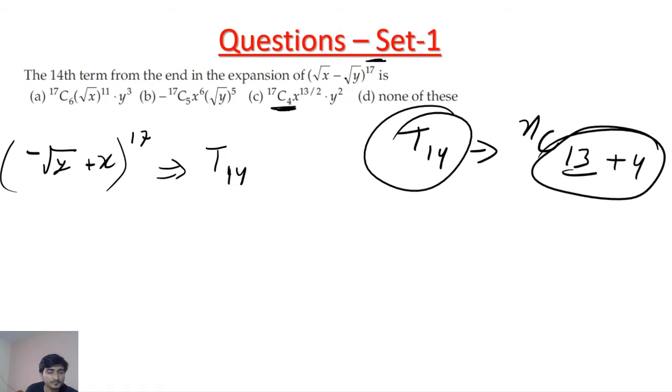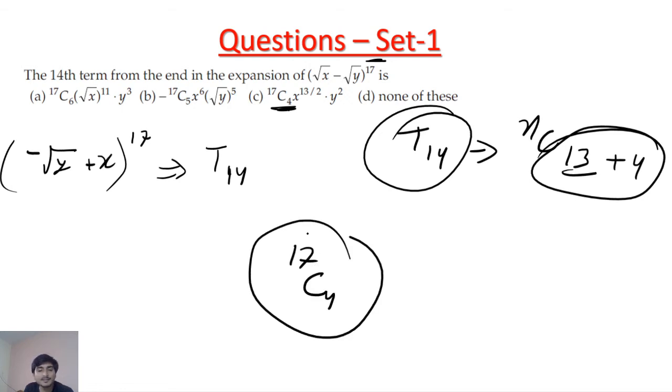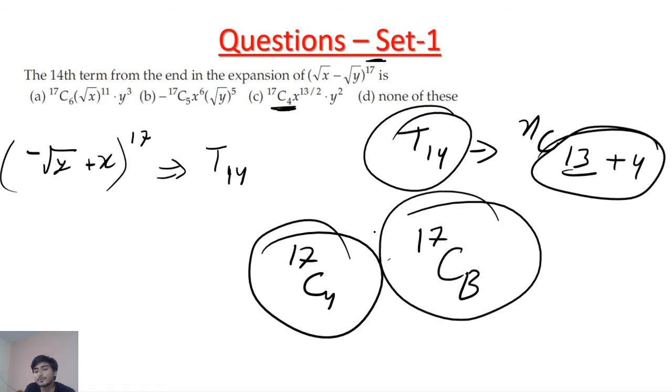This is the easier way: first you can check directly which option supports your statement. Once you have 17C4, it is the same as 17C13 also, because both of these are equal.